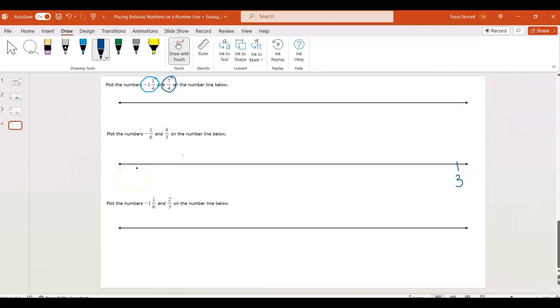But I'm only going to come down to -1. No, I'm going to come down to -2. What I'd like you to do is pause the video and try to put all 4 of these last points on this number line for me. So pause the video and then press play.